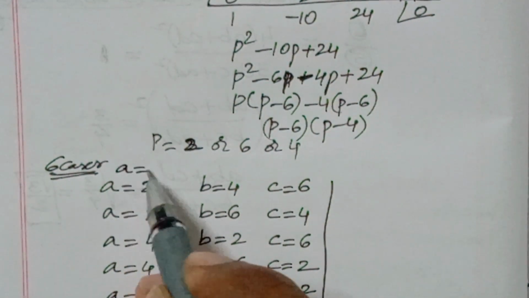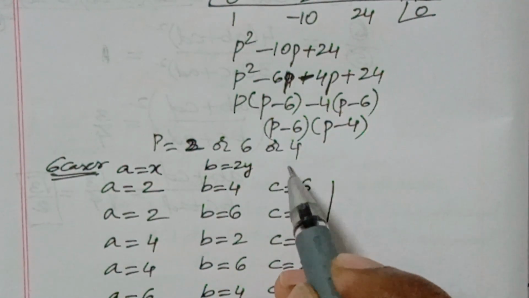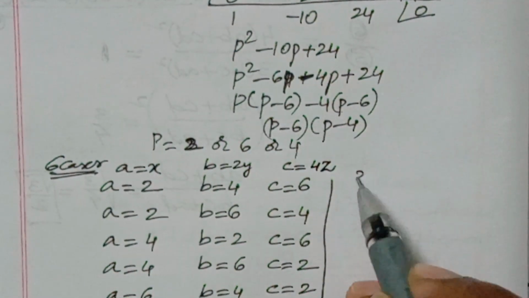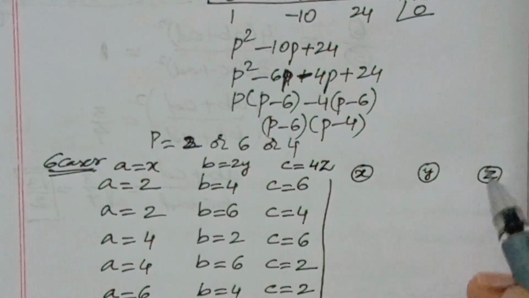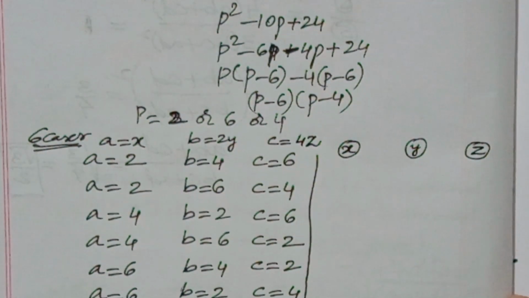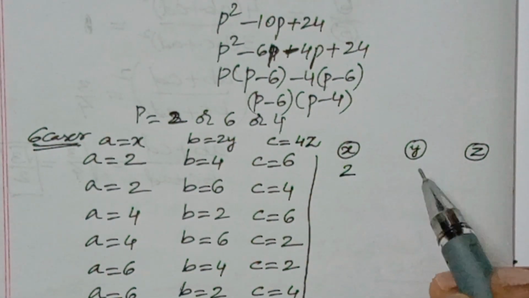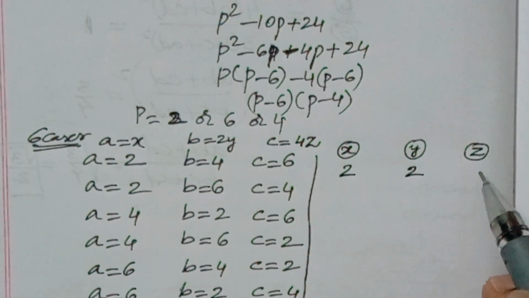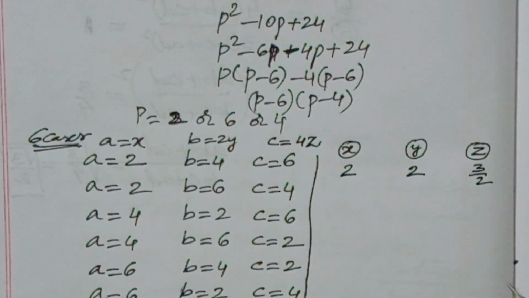So here a value is x, b value is 2y, c value is 4z. Now I am writing x value, y value and z value. So here you have to find the values of x, y, z. Now, x value 2, y value 4 by 2, again 2, z value 6 by 4, we get 3 by 2.